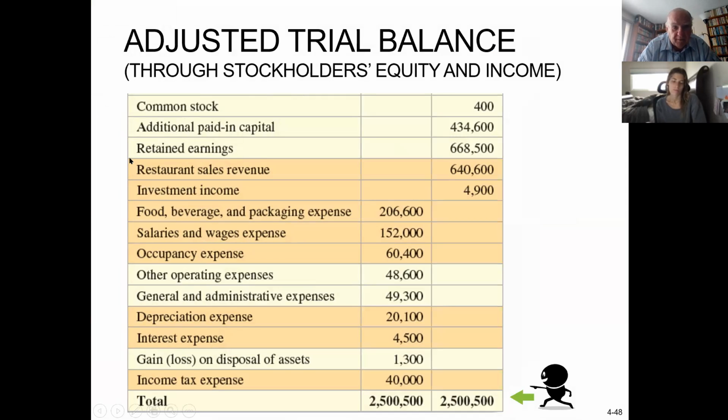I always recommend you draw a horizontal line under retained earnings, because everything below that line is your income statement. Let me repeat: every item below retained earnings represents your income statement. So here's their income, 640,600 plus that, minus 206. These are your expenses.